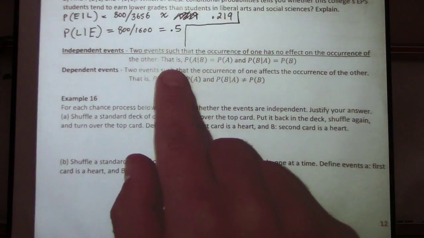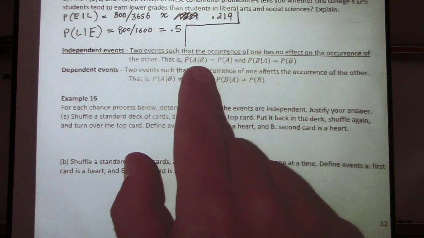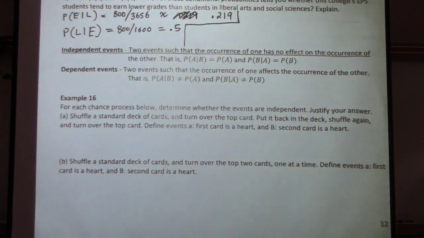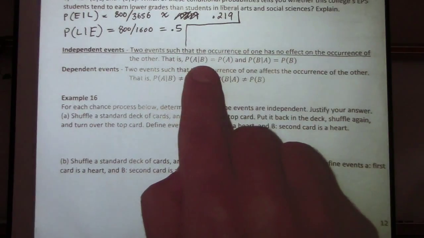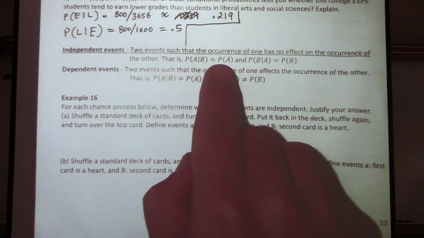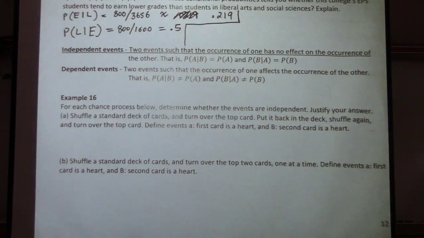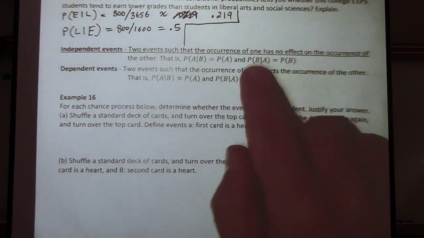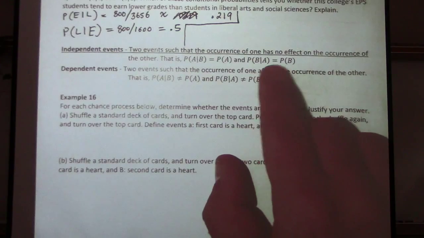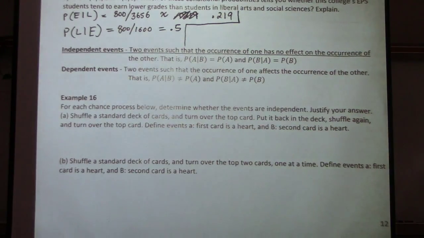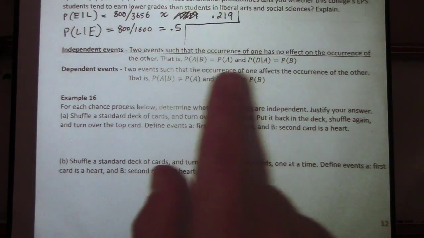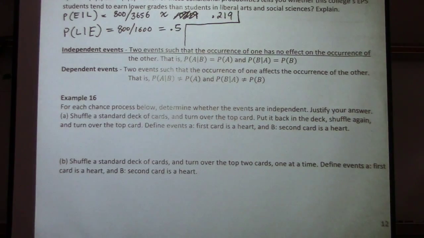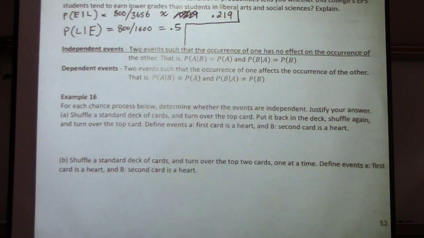So that is, the probability of A given that B has occurred is just the probability of A. That is, B gives us no additional information about whether the event will occur. Another way of saying that is the probability of B given A is just the probability of B. And dependent events are events that are not independent, so this would not hold true.